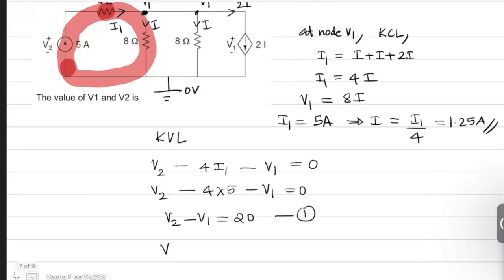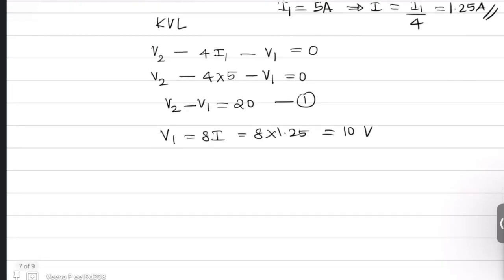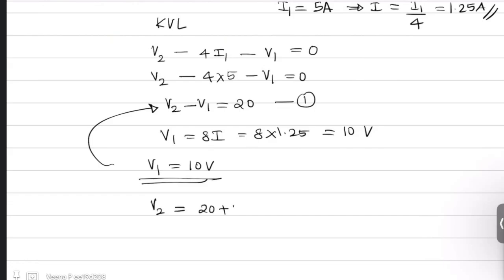But we already know V1 as 8 times I, which is 8 times 1.25, which comes out to be 10 volts. So you obtained your V1 as 10 volts. Now if you put this in equation 1, you will get your V2 as 20 plus 10, which is 30 volts.